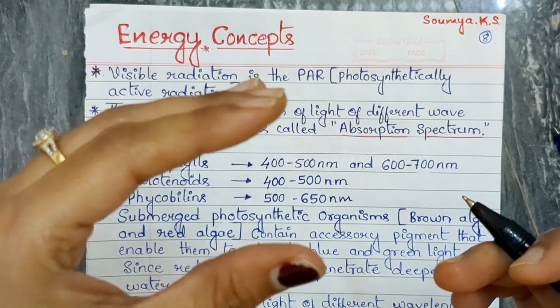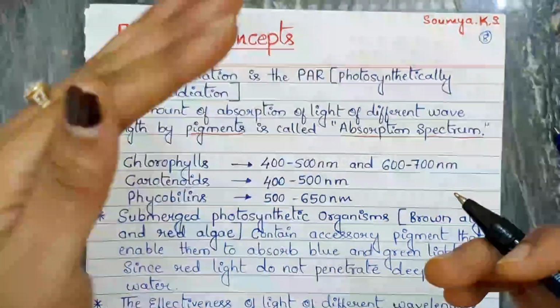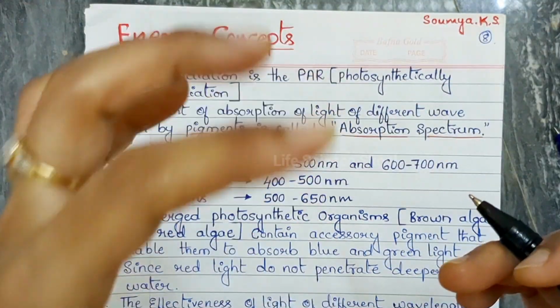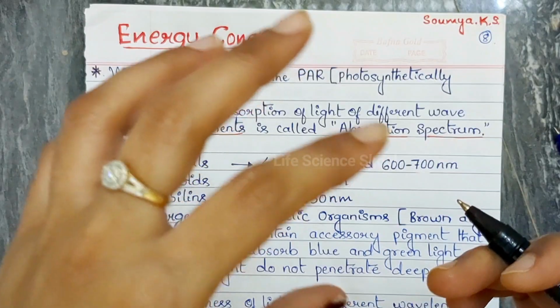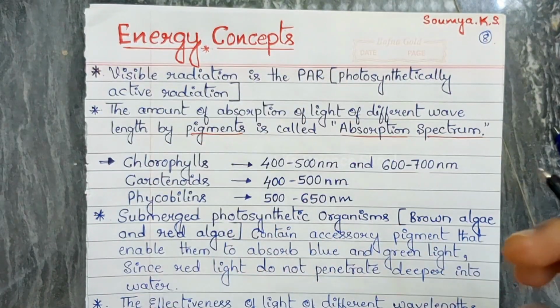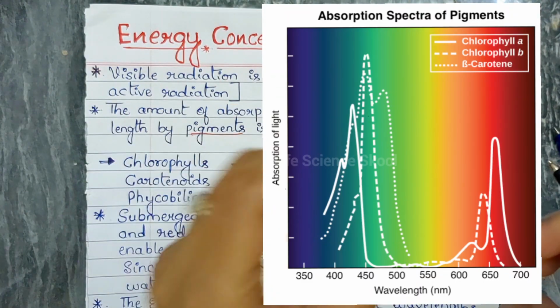Among these, the important ones are chlorophylls, carotenoids, and phycobilins. These 3 photosynthetic pigments absorb the radiant energy or sunlight of different wavelengths, and that is called the absorption spectrum.